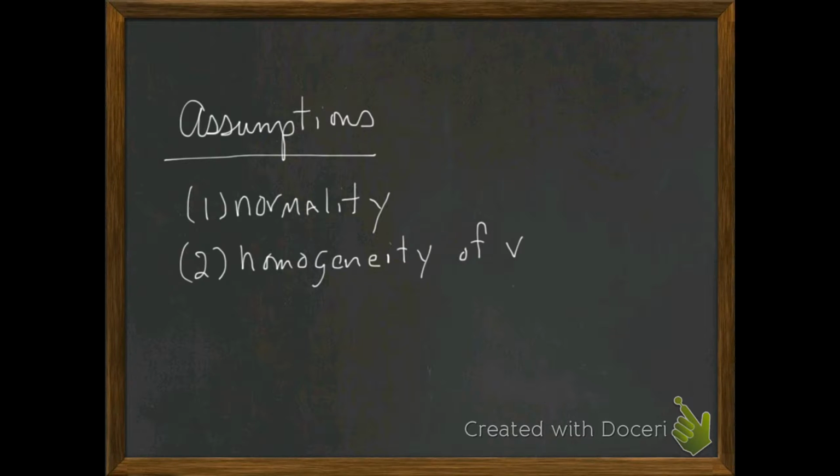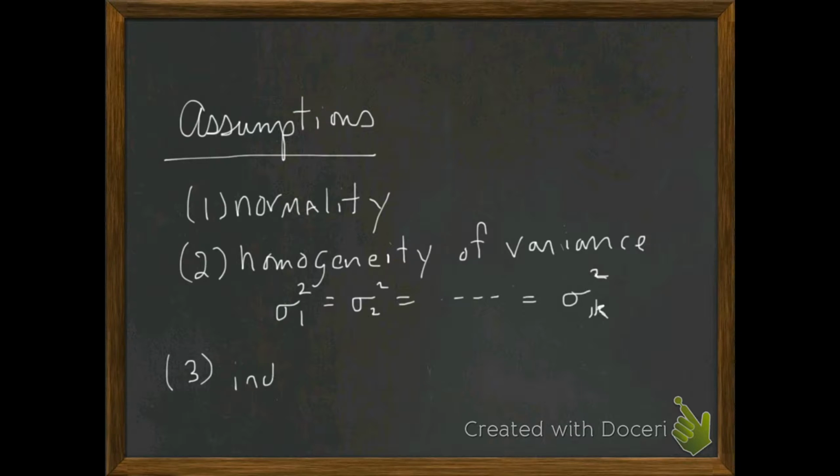The next assumption is the homogeneity of variance assumption. That's just a fancy way of saying we need equal variances. Pretend that's a K. And pretend that's a 2. And the last thing we need is independence.